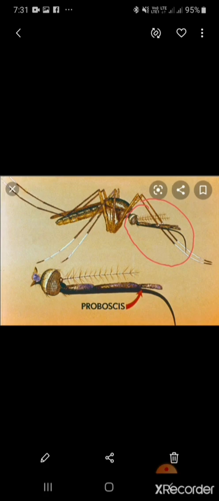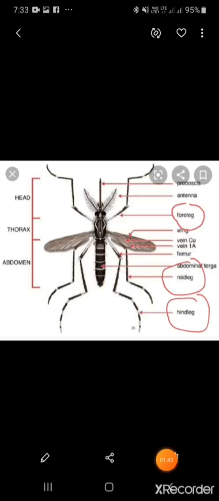Female mosquitoes use their proboscis to suck blood. Male mosquitoes feed only on nectar and water. Mosquitoes have three pairs of segmented legs: foreleg, midleg, and hindleg.